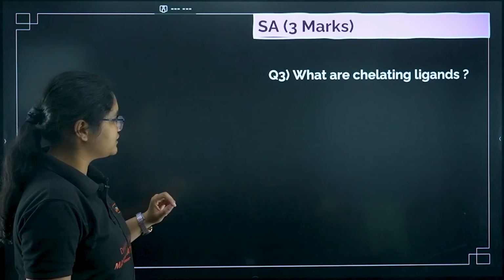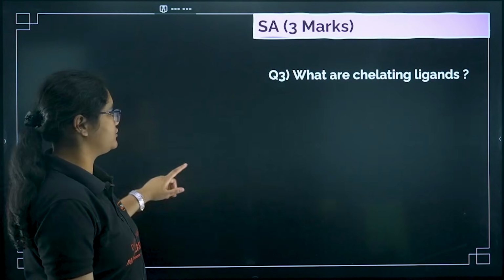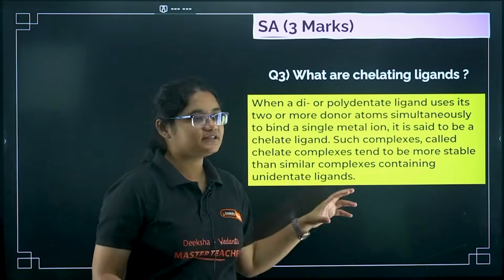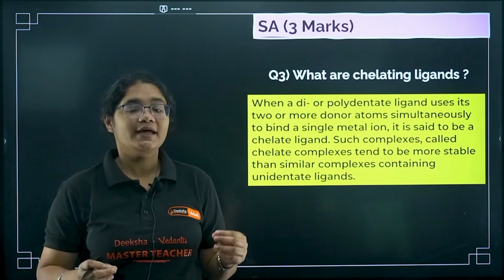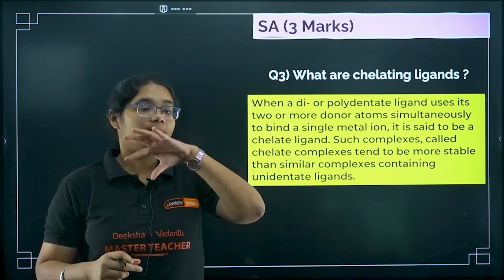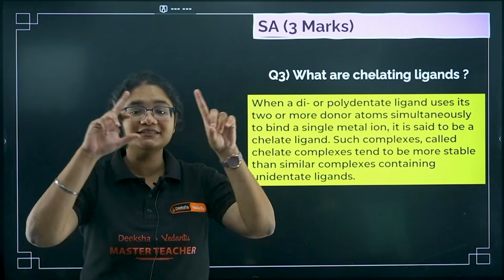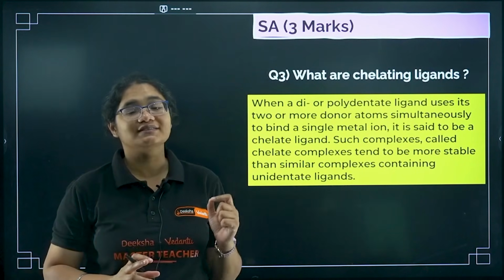Now coming to the next question, what are chelating ligands? So this is a definition based question. The ligands which have more than one donor site and can bind to the metal through more than one bond and form a cyclic structure with the metal are called chelating ligands.